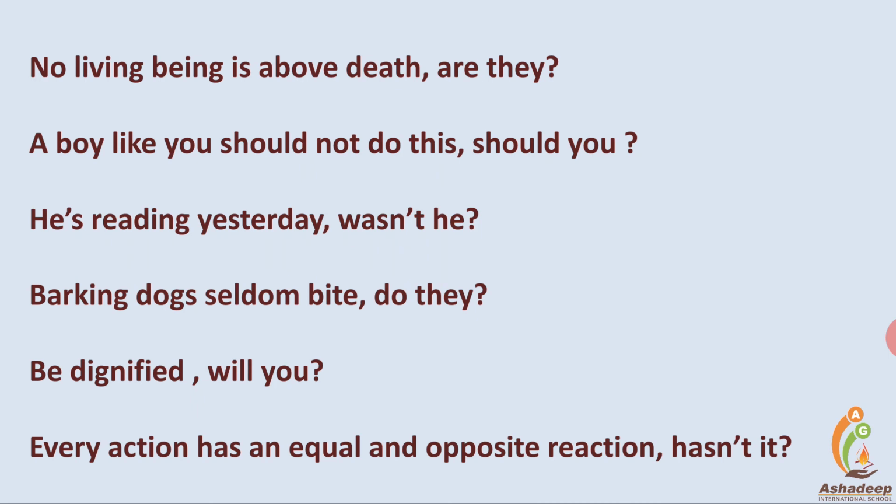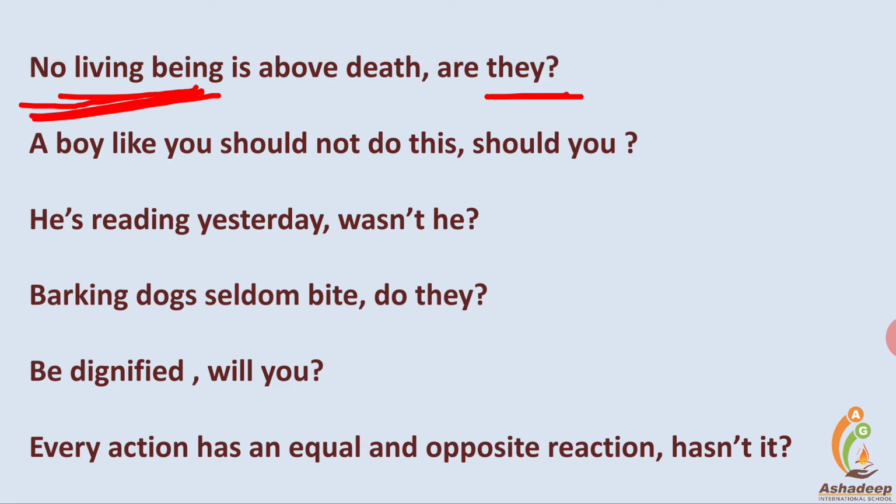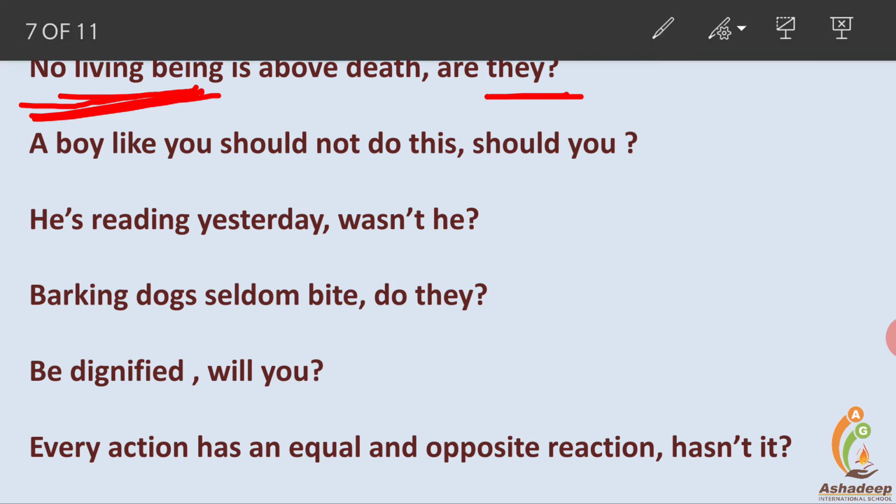Now friends, exercises, a few sentences with all types of sentences. No living being is above death, no living being, nobody, and for that we use they. It is a negative sentence, and that's why we will have a positive question tag, are not, aren't, it's is.